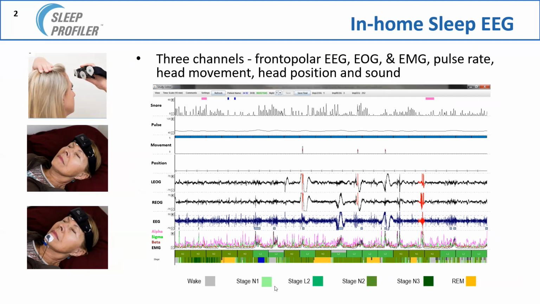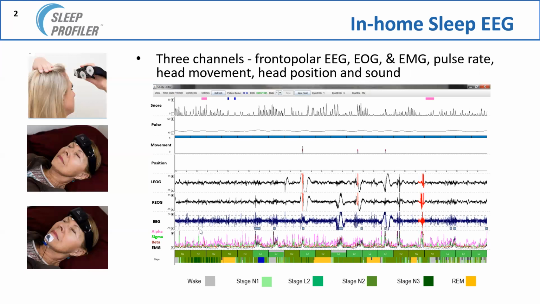Now, our product isn't unique in that one of the things we do, besides the auto scoring, is we mark the signals using a coloring scheme. So gray is wake, and then we go through darker stages of green as we go from N1 all the way to N3. The gold color is REM. And so here you can see on this 10-minute screen, this is all into sleep.